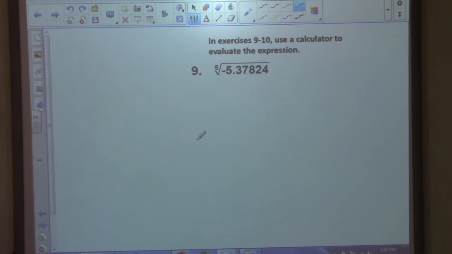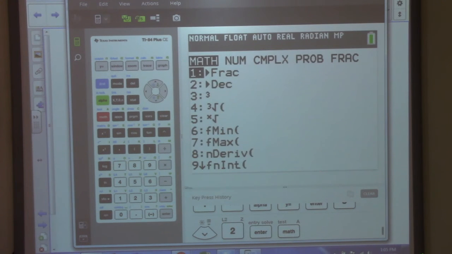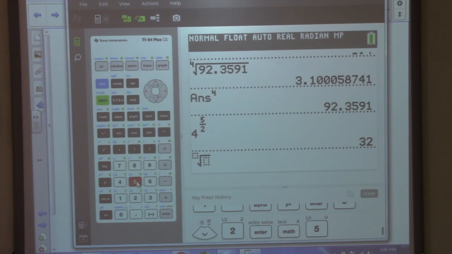Well, I see you're using your own little calculator there. Okay, here it is: 5.37824. We go to math, and then we go to 5 and put the 5th root.